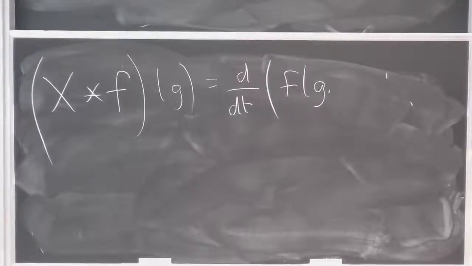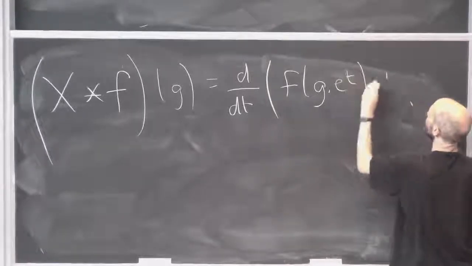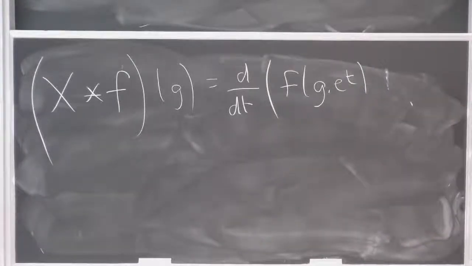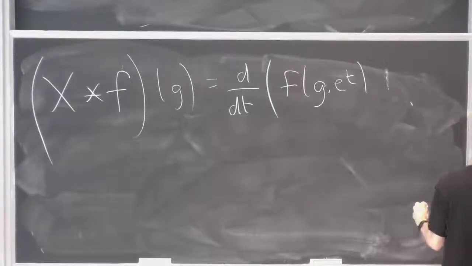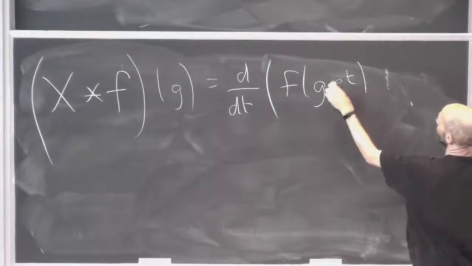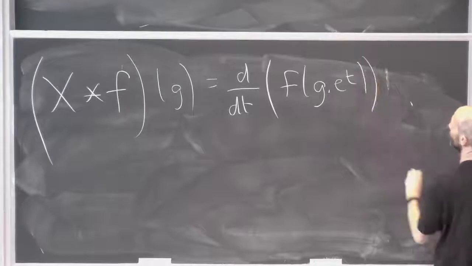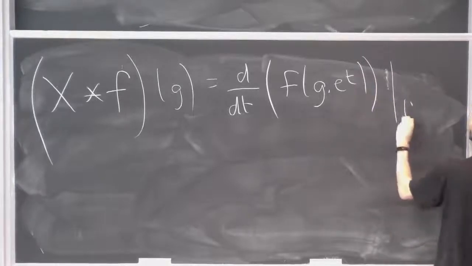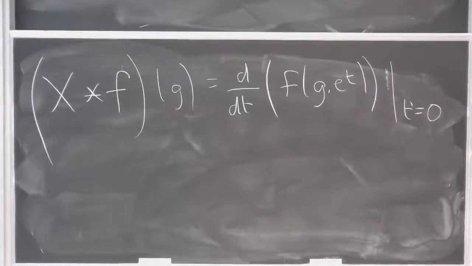X is 1, so this is just literally e to the power t, evaluated at t equals 0. So that is how the Lie algebra of GL1 acts on functions on the Lie group GL1.